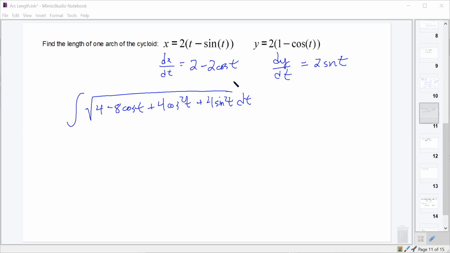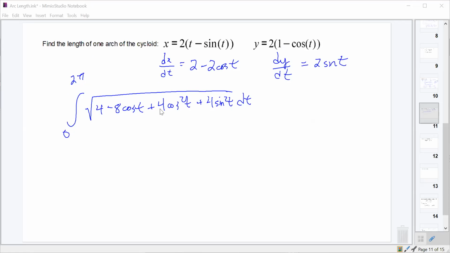So what is the length of our interval going to be? Since these are just t's within the arguments of the sine and cosine, we should be going from 0 to 2 pi.